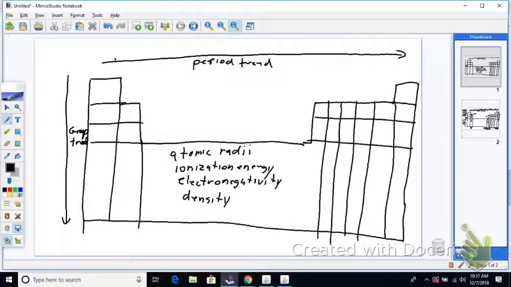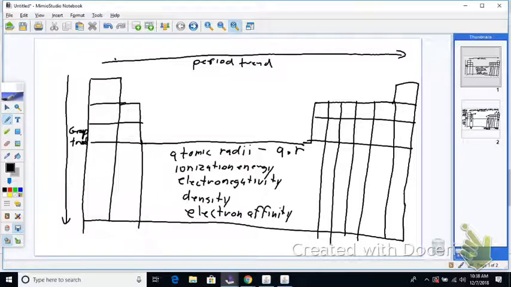What was the other one I had? Electron affinity? So let's abbreviate this. Atomic radii is AR.